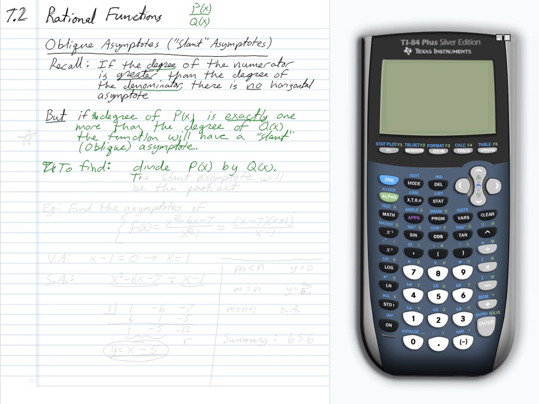The slant asymptote will be the quotient. So let me show you an example by way of explaining what all of that means.